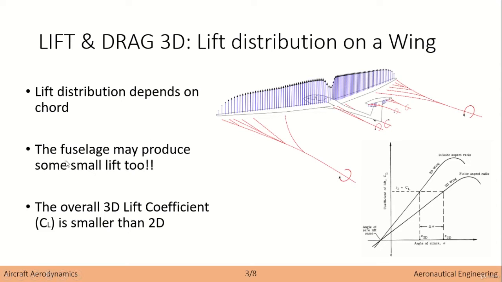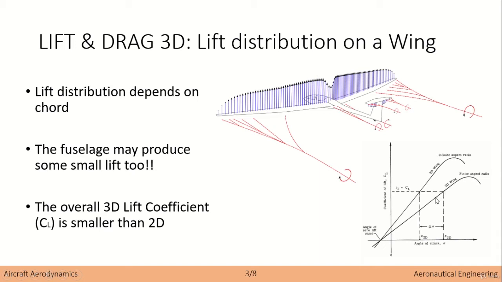As we also saw, the fuselage may produce some small lift, and the overall 3D lift coefficient, this is quite interesting, is actually smaller than the 2D coefficient, right? So we discussed for an airfoil that this would be the coefficient of lift curve, and it can be seen that the 3D coefficient of lift is actually a bit smaller.